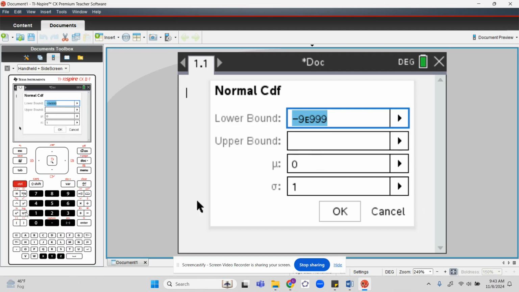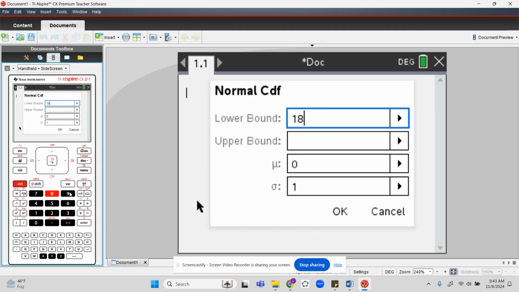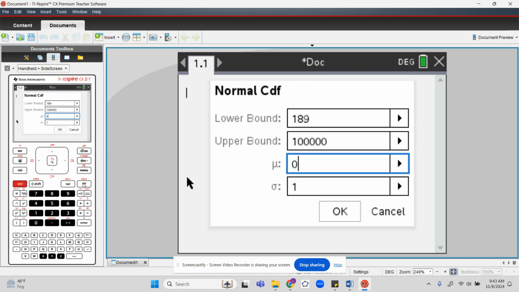Since I wanted greater than 189, my lower bound is 189. My upper bound, I'm just going to type in a really high number that's impossible. You can't have a height that large, but I'll just make that my upper bound. If you make this too large, the calculator gets confused. So if you get an error, it might be because you went too big with that number. So don't go too large. Even 100,000 is plenty high in centimeters.